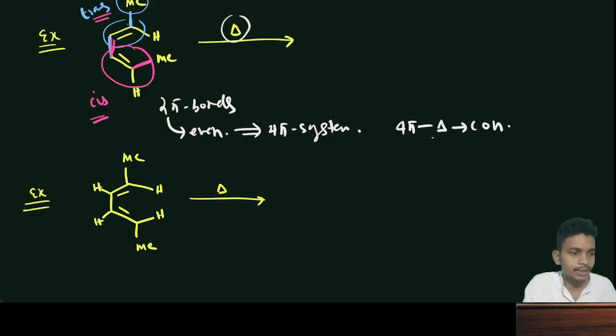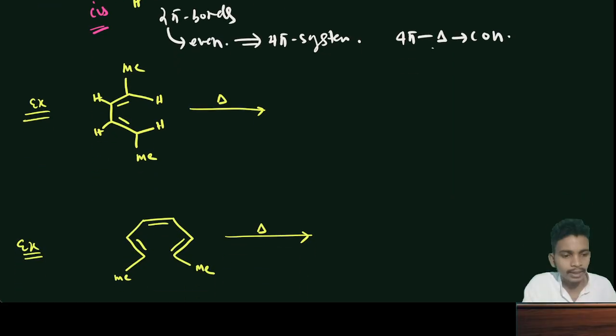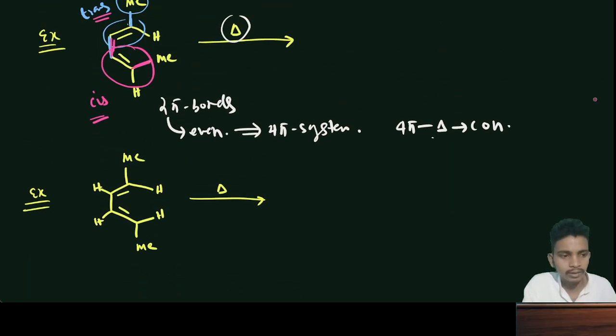For stereochemistry, how will you look at it? Here I will write. If one is trans and one is cis, then conrotatory will change the sign. So if trans and cis, then that is assumed as trans.